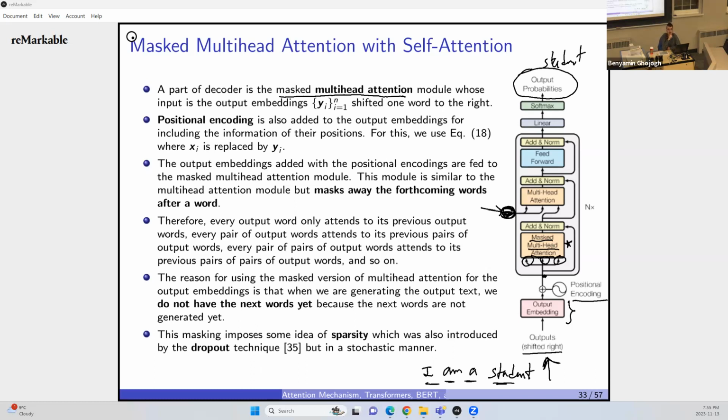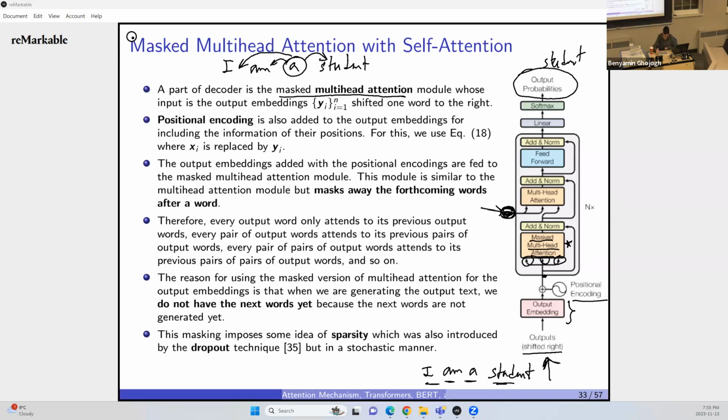In the encoder, for example, when we say "I am a student", assume I'm considering the word "a". It was attending to all the words in the sequence, both before and after. So "a" attends to "I", to "am", and even to "student", which comes after it, because it was available as input.